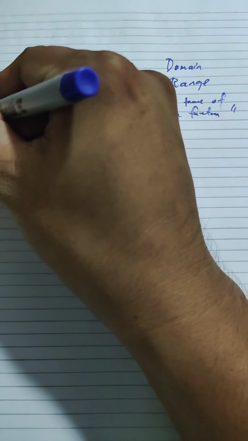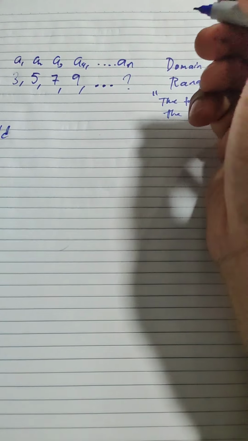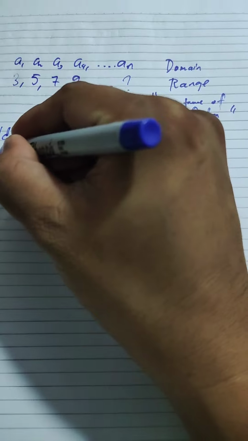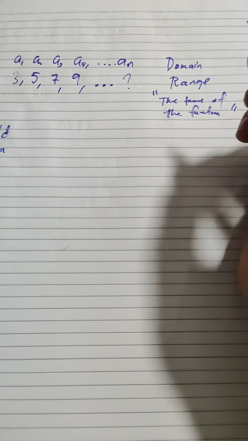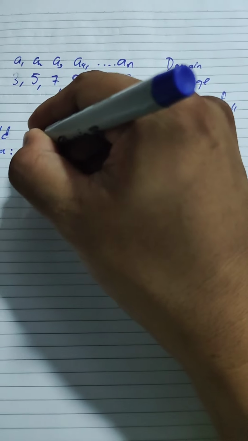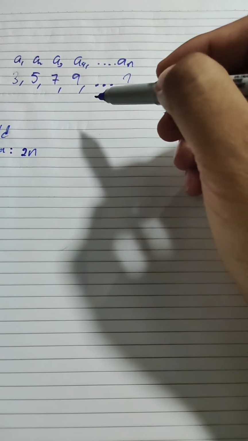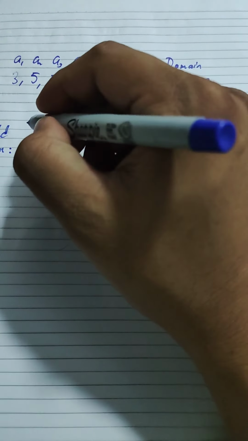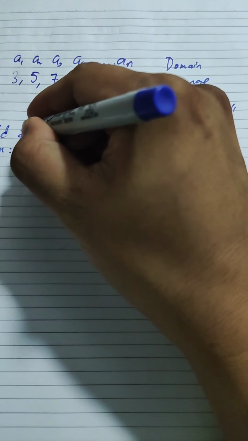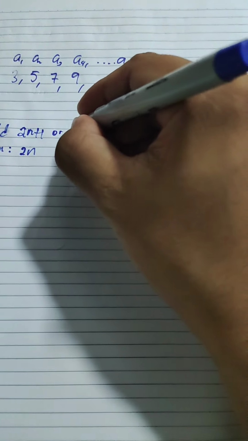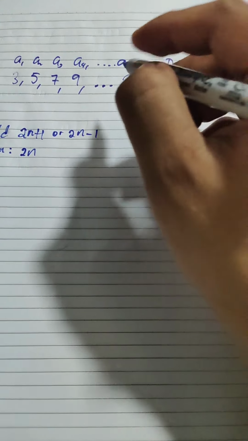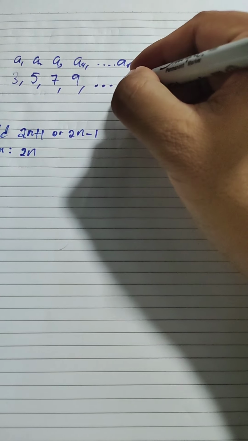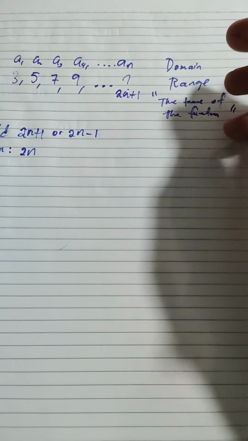Let us recall that odd numbers are numbers that can't be divided into 2 equal parts, whereas even numbers are numbers that can be divided into 2 equal parts and can be represented as 2n, because even numbers are divisible by 2, whereas odd numbers can be represented as 2n plus 1 or 2n minus 1. So in this sequence, we can say that a sub n would be equal to 2n plus 1.